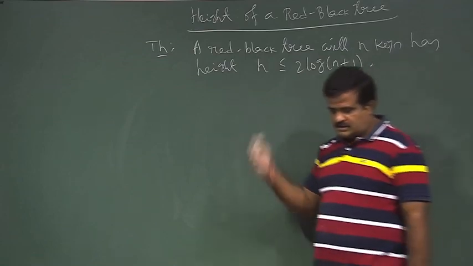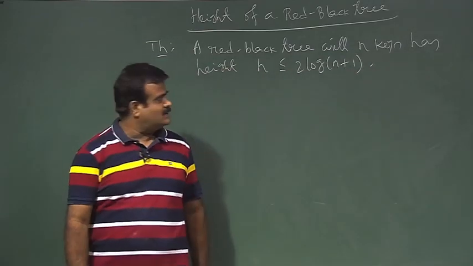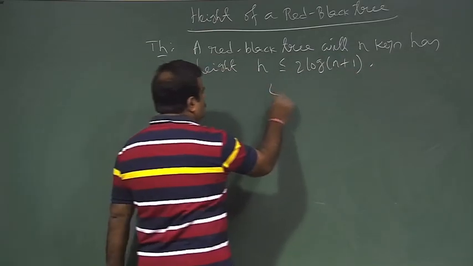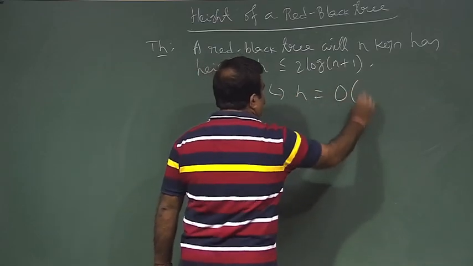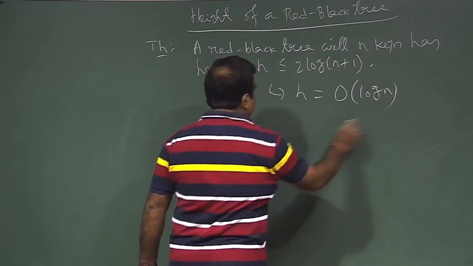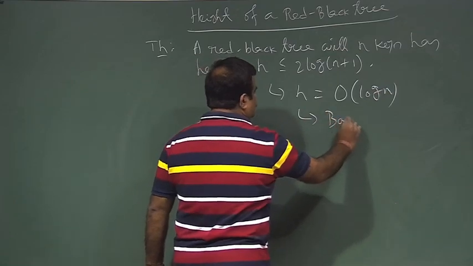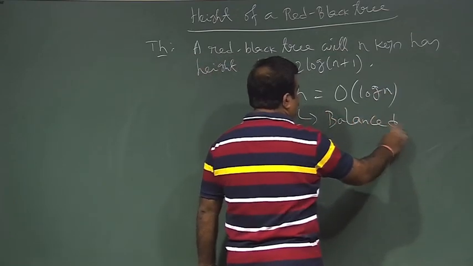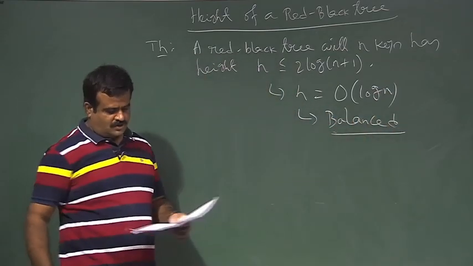Okay. So, this is the theorem, and this means height is order of log n. So, this is telling us it is balanced. So, a red black tree is balanced, if you can prove this.